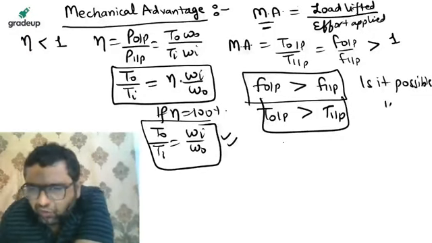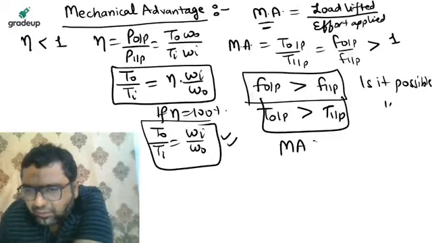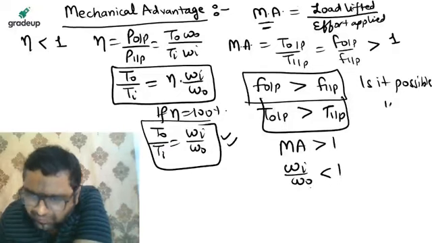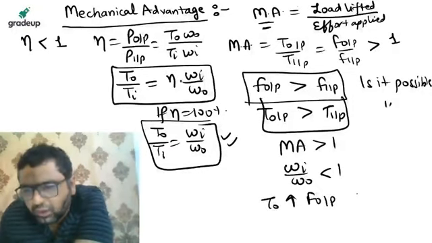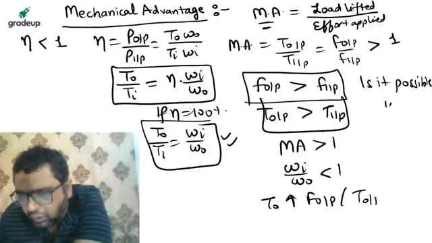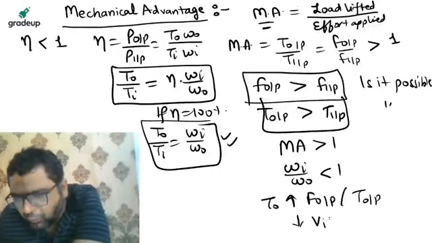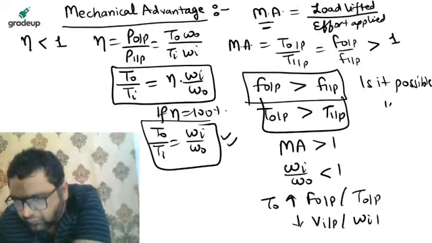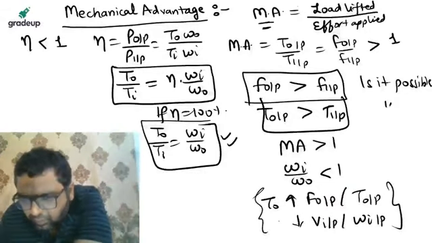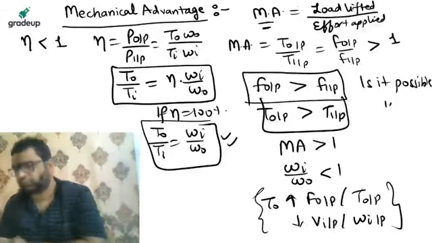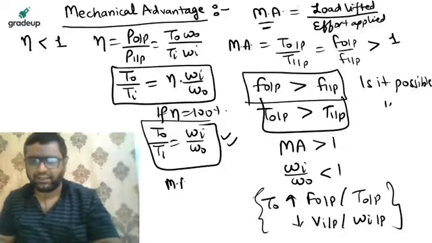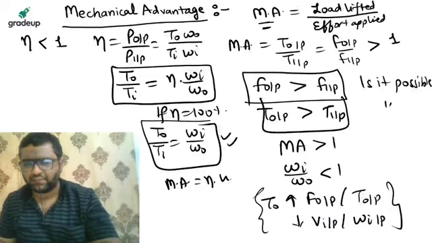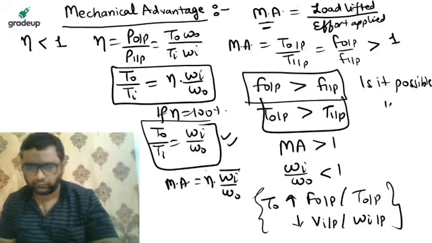So if you want a mechanical advantage more than one, you need omega I by omega naught to be more than 1, I mean to increase the output force or output torque, you need to reduce the output velocity. So mechanical advantage is given as efficiency times omega input by omega output.